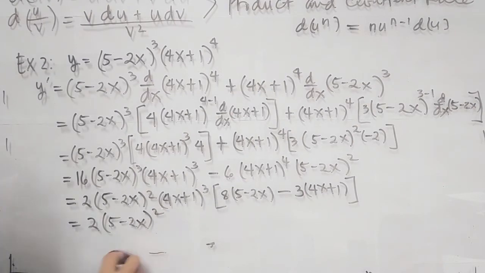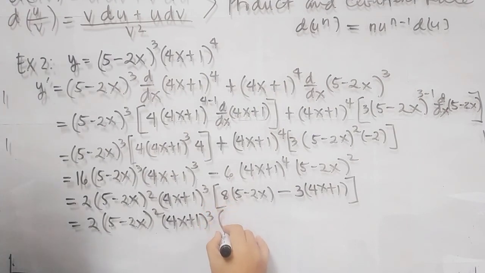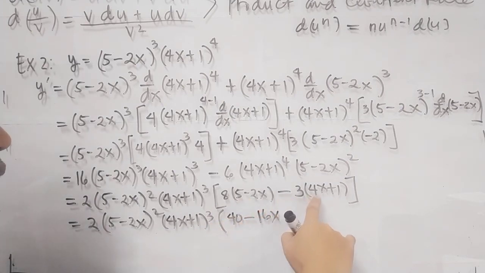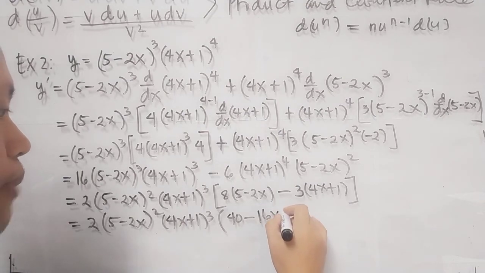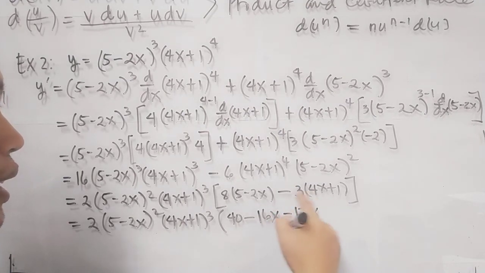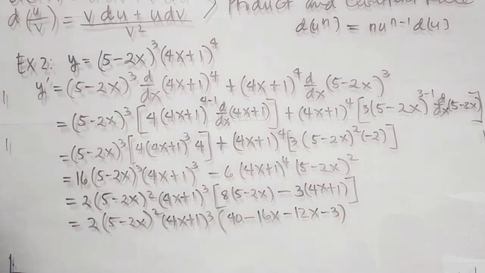Okay, that's it. And then we will now combine: 5 minus 2x raised to 2, and then 4x plus 1 raised to 3. And then 8 times 5, that is 40, minus 8 times 2, that is 16x, negative 3 times 4, that is minus 12x, negative 3 times 1, that is negative 3. Okay, so we will combine this.